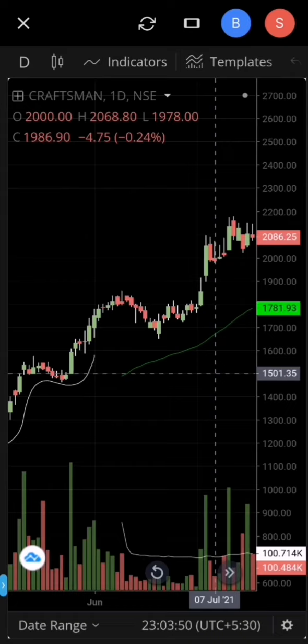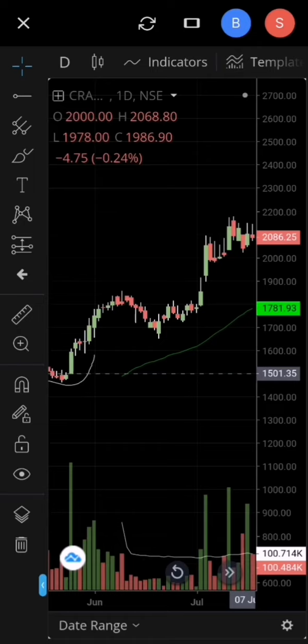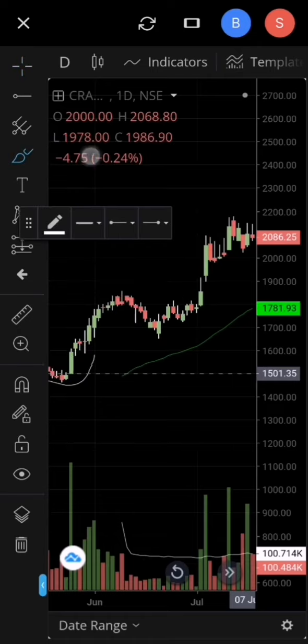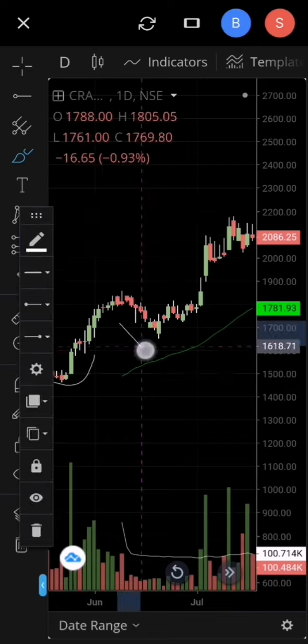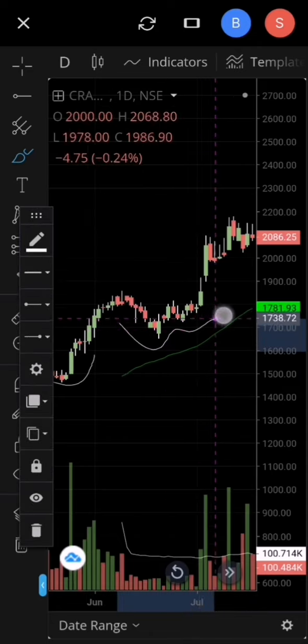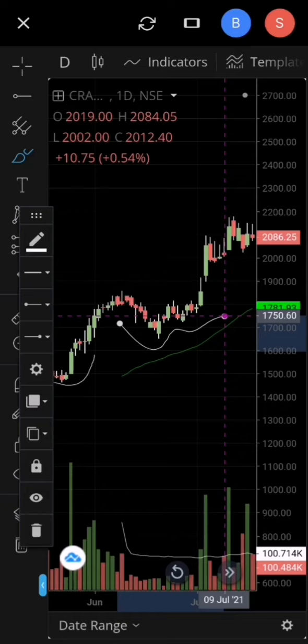In this Craftsman example, we selected it because it has the very unique characteristic of base over base. As you can see, after the primary IPO base breakout, the price was again consolidating because early buyers tried to book profit early.